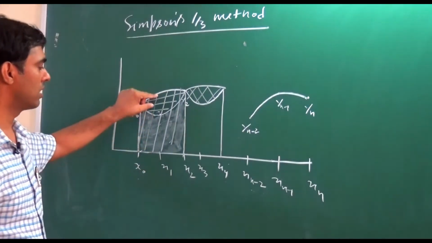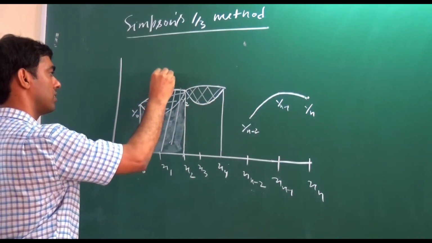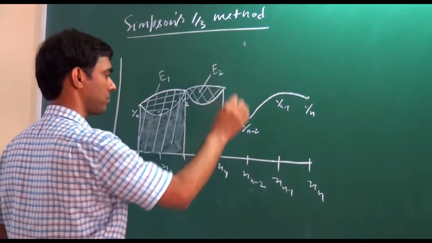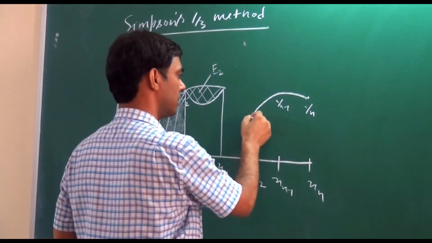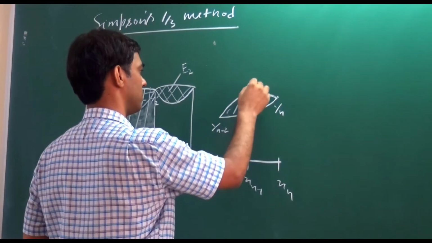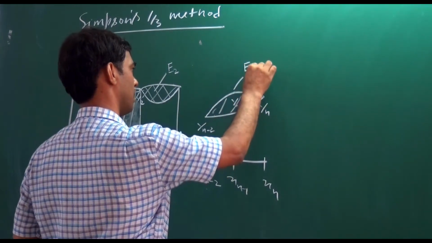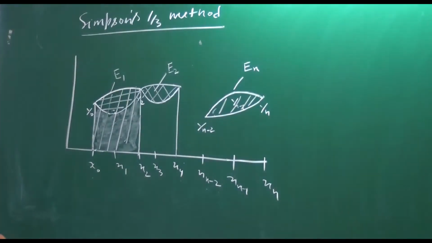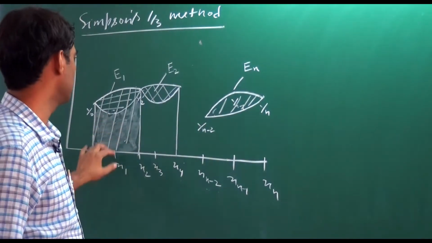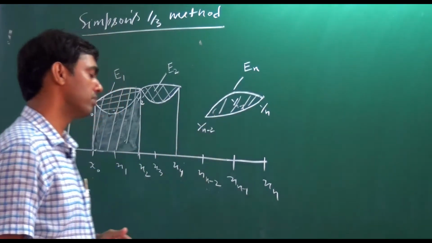This area is the error in the first step, this one is the error in the second step, and similarly this one is the error in the last step. If we talk about E1, E2, then this one is not En, this one is En by 2.